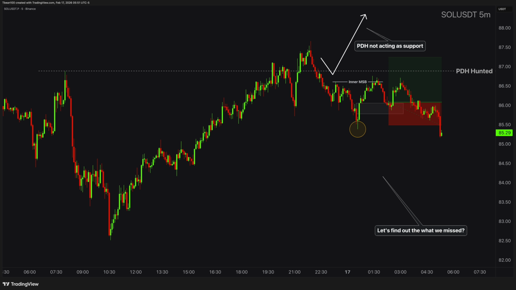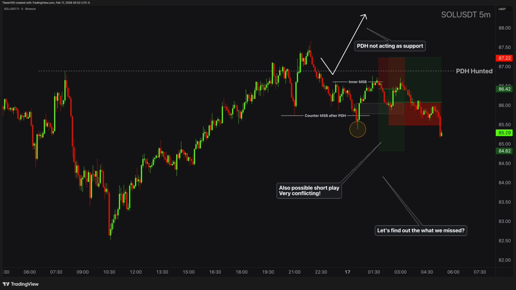So what happened here is that the buyers simply did not have enough strength or momentum to push this price even higher. Instead, what we got was a clear counter market structure break right after the previous day high was hunted.